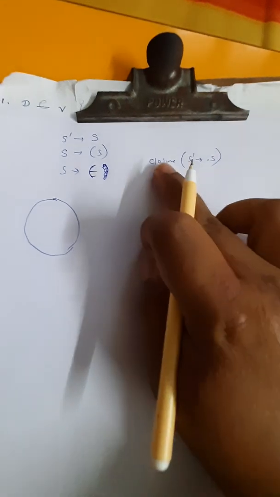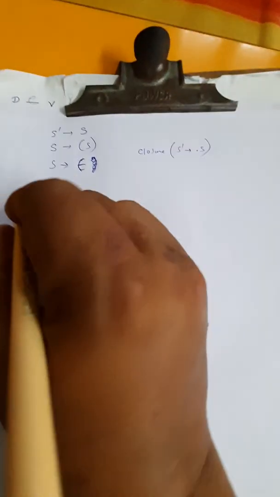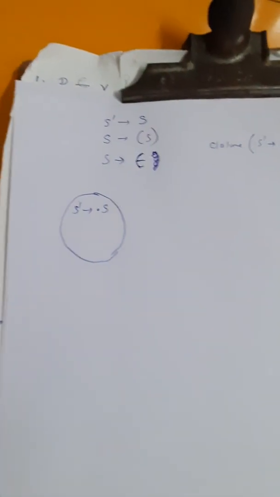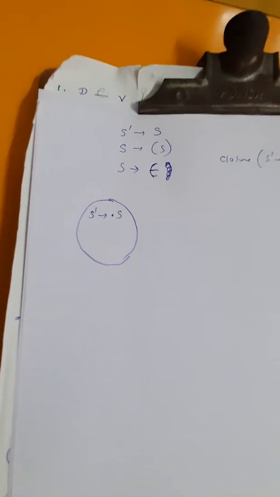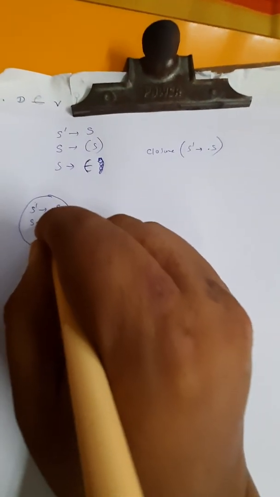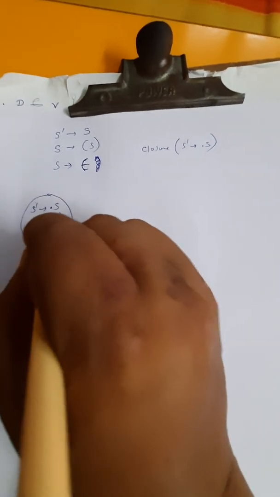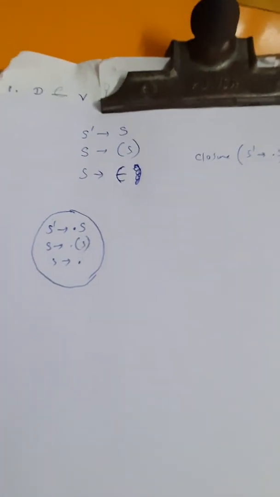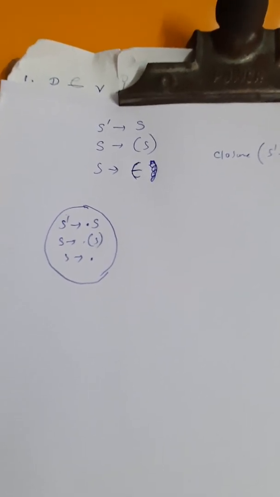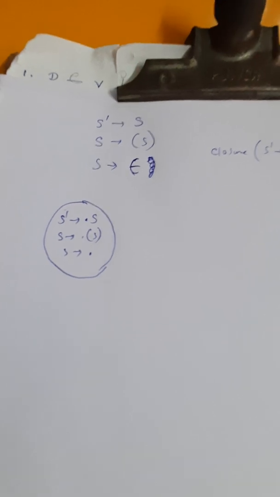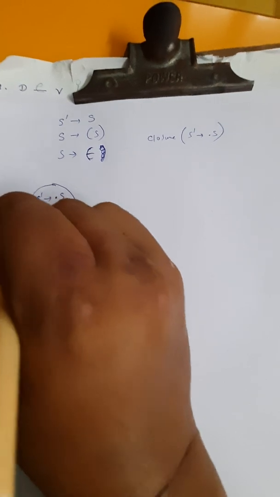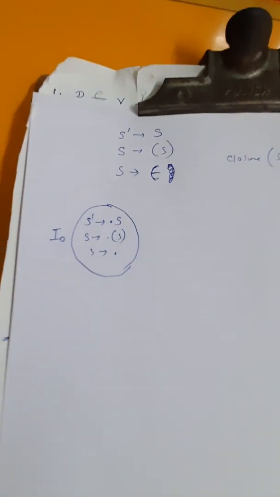In closure, first we have to add this rule: S prime produces dot S. Now who is after the dot? S. So we will write the rules generated by S, these two. Now who is after the dot? Open brace. Open brace is a terminal, so nothing can be produced by it. So our work is over. So this is the first state. Let us name it as state I0.